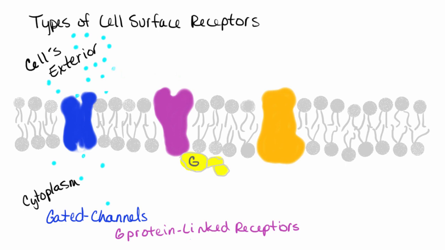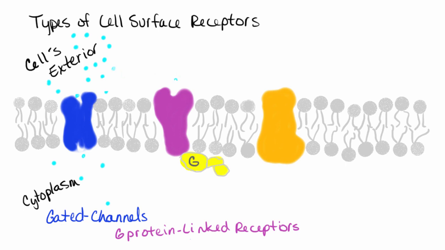So I have shown 3 subunits in this one here. It's the yellow protein that we see stuck on. Typically, that G protein is going to be attached to the internal side, or the cytoplasmic side, of this particular receptor.